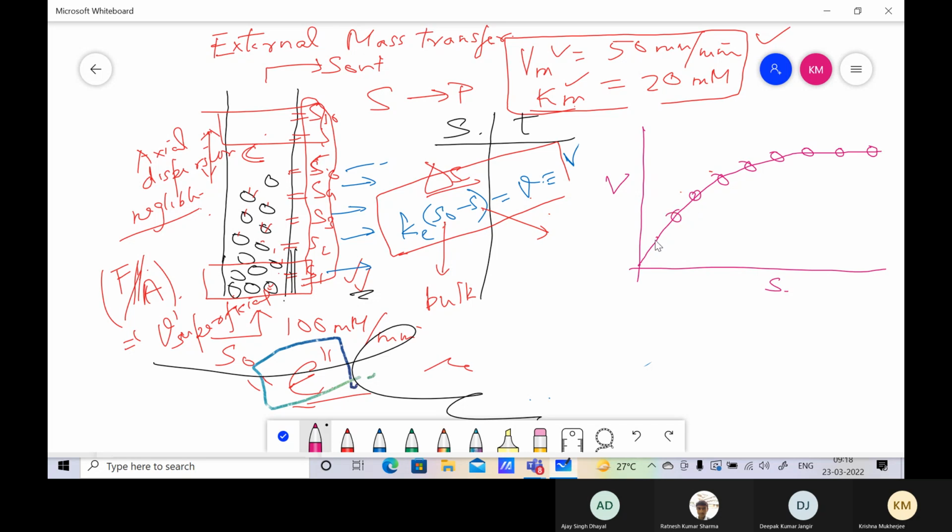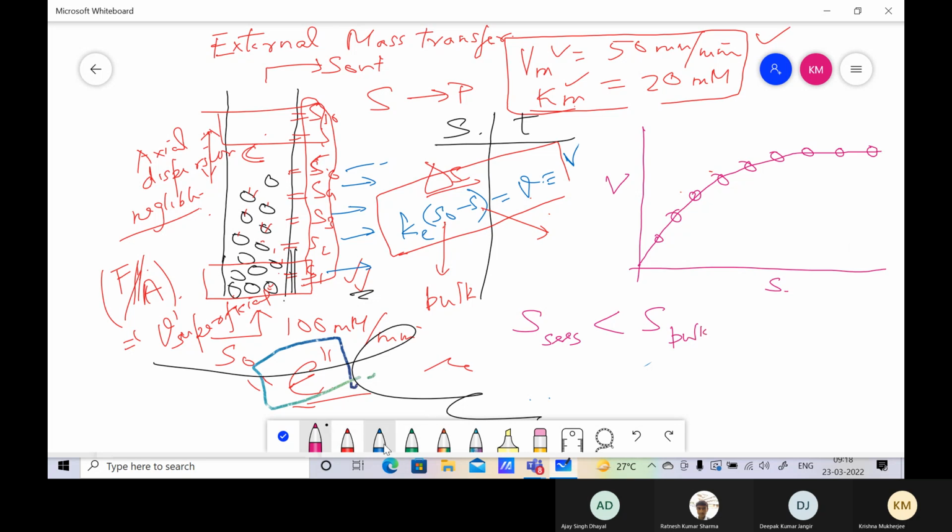This is the bulk substrate concentration, but this is actually lower, because the S that the enzyme sees is less than the S in the bulk.